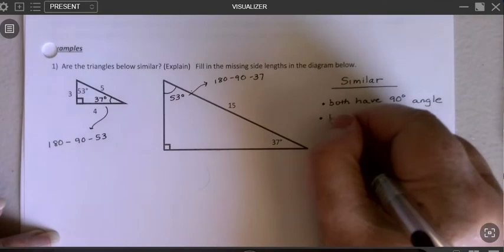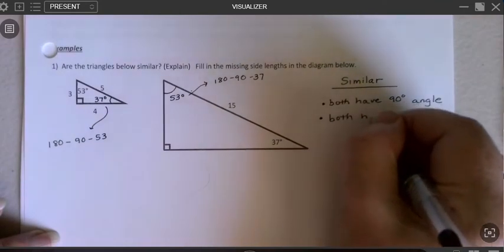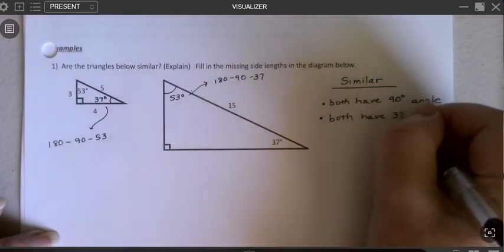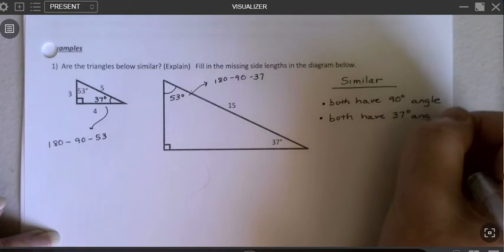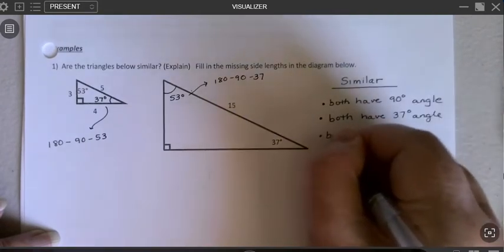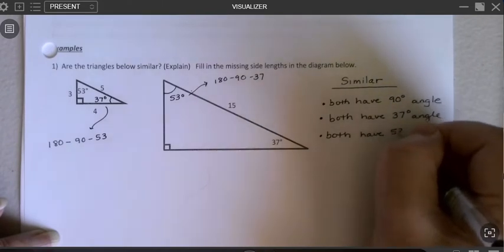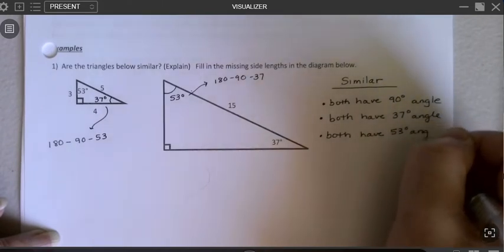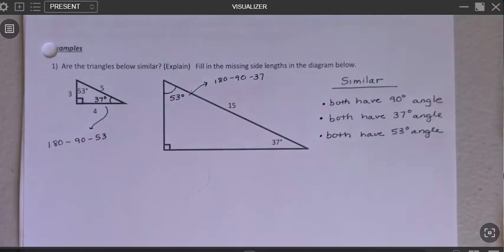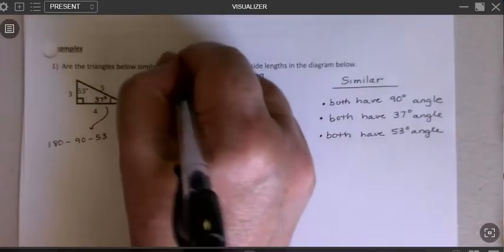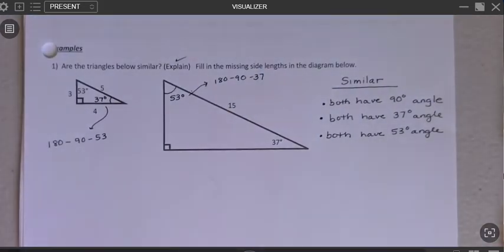So they both have 37-degree angles. And they both have 53-degree angles as well. In actual fact, as long as you got 2 angles the same, you get the third one for free because of that sum of 180 degrees. All right, so check, yep, triangles are similar, and we've done our explanation.